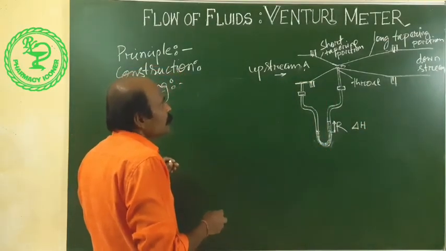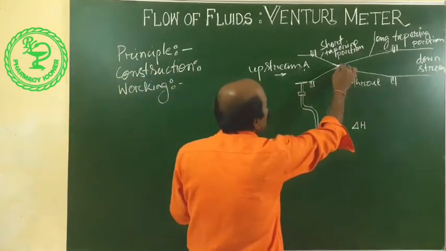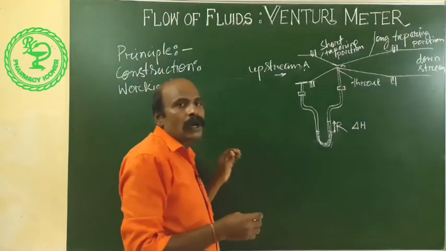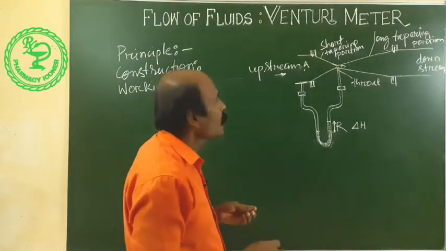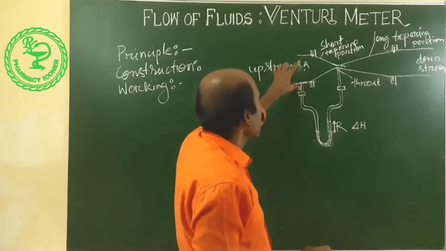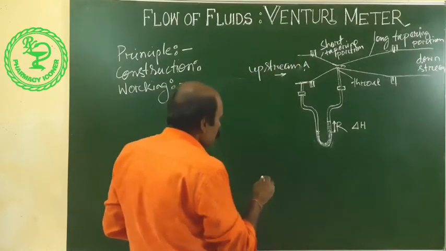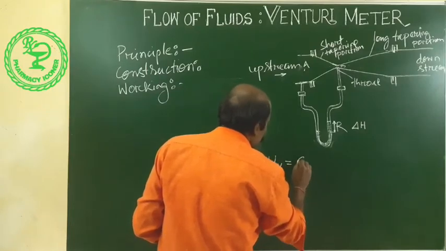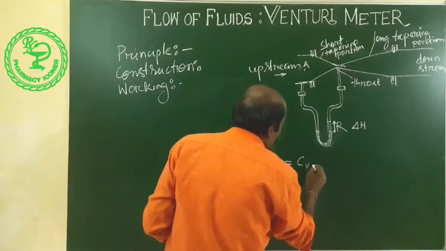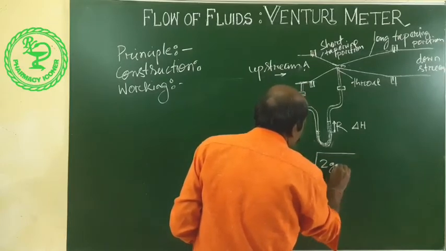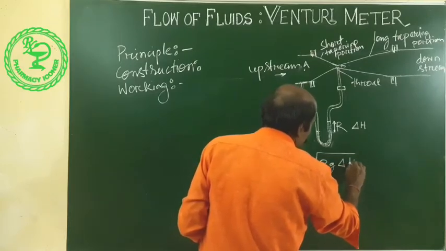Now if this throat diameter is 1/5 or less of the pipe diameter, then the formula will be Uv is equal to Cv square root of 2g delta h.